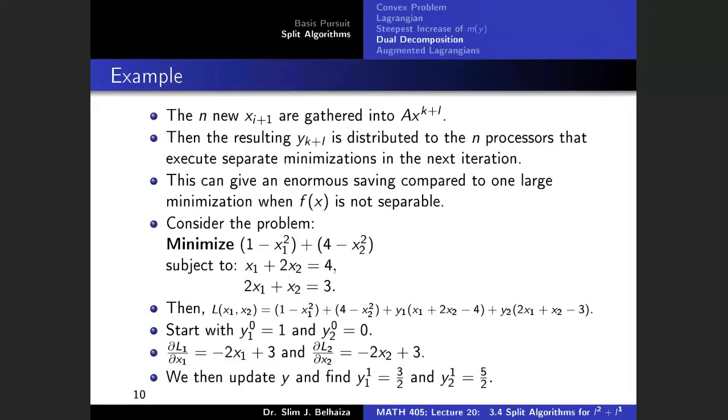Here I'm citing some of the advantages, or how you should proceed. The n values xi^(k+1) are gathered into x^(k+1), and the resulting y^(k+1) is distributed to the n processors in parallel programming that execute separate minimizations in the next iteration. Of course, this can give an enormous saving compared to one large minimization when f of x is not separable.